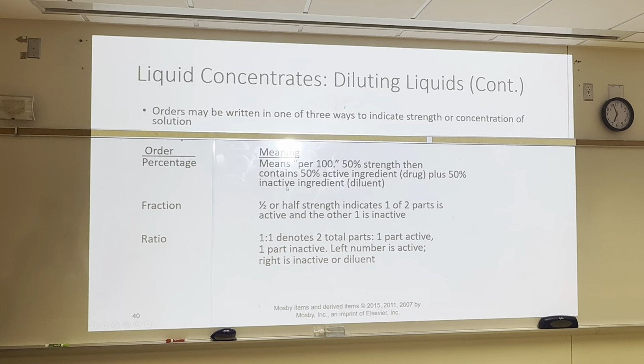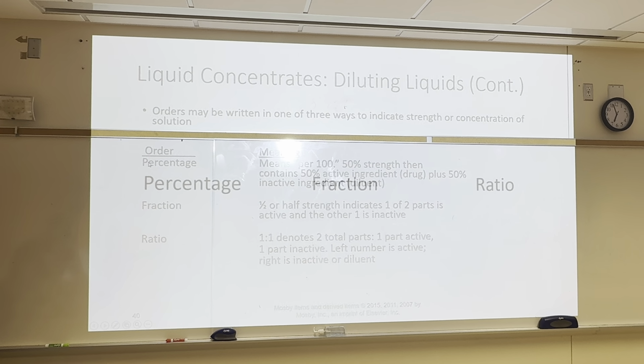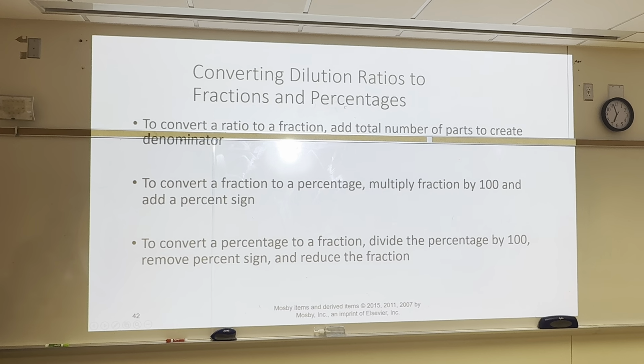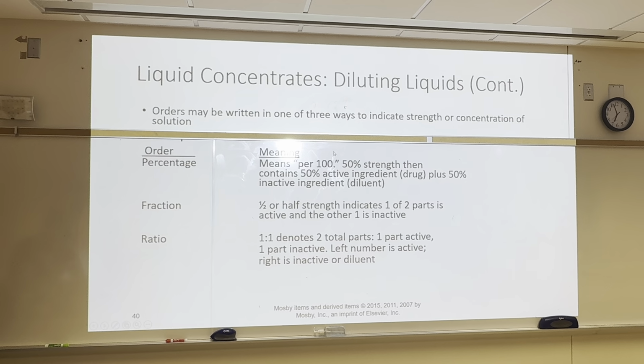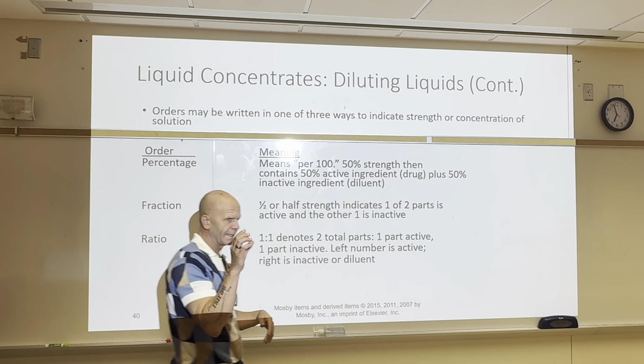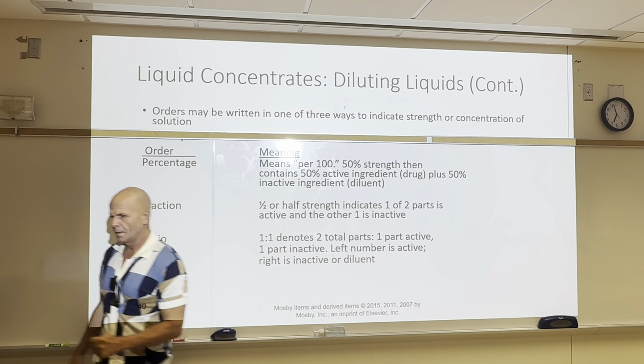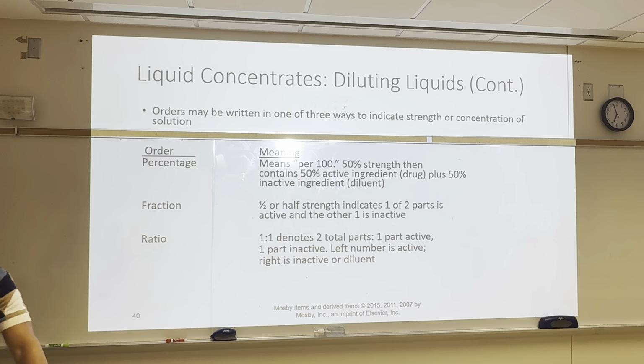Now we're doing liquid concentrates. So you need to pay attention to this: percentage, fraction, and ratio. Percentage means per 100, right? Remember we talked about this, dollars and cents. It's per $1. So anything underneath that is a percent or cents. So we have cents is in percent.